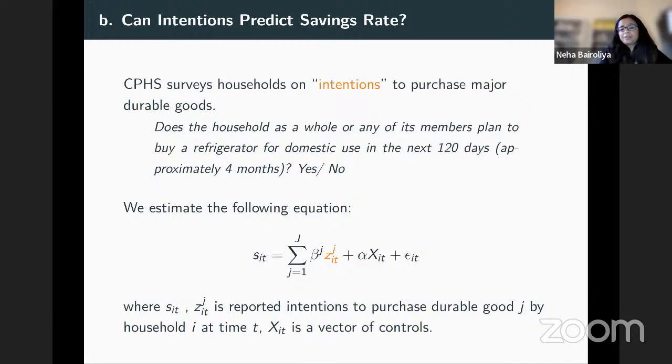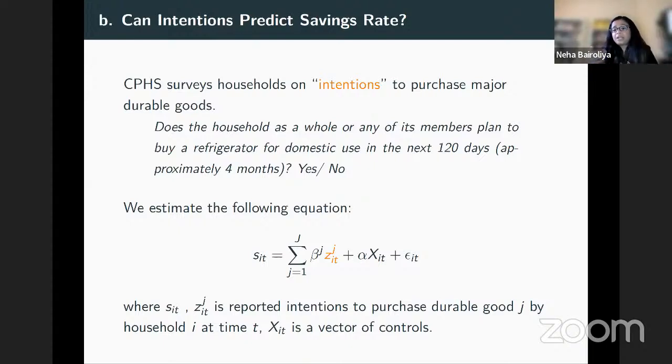So then we estimate the following equation, and this is where we really utilize the panel aspect of our survey. In this equation, we have the savings rate of household i in period t, or wave t, as the outcome variable. And the object of interest is this variable Z_ijt, which is the reported intention to purchase durable good j by household i at time t.